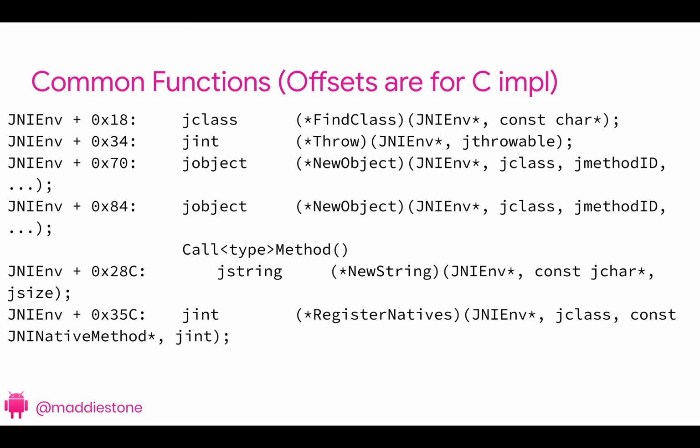Or you might need to create new objects that the Java code can interact with once you return execution to it. Or you may want to call from your native code back into a Java method, and thus need the ability to do that. And as we've talked about, RegisterNatives is very important. So JNIEnv provides these special API calls that native code running within a Java application may need for these two languages to interact with each other.